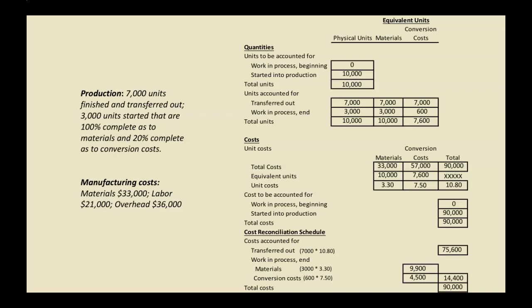Now we see 90,000 a few different places. We see it everywhere that it says total cost. So whenever you're preparing a production cost report, your total cost amounts will always equal. You're going to have the same values in those three pieces of your production cost report.